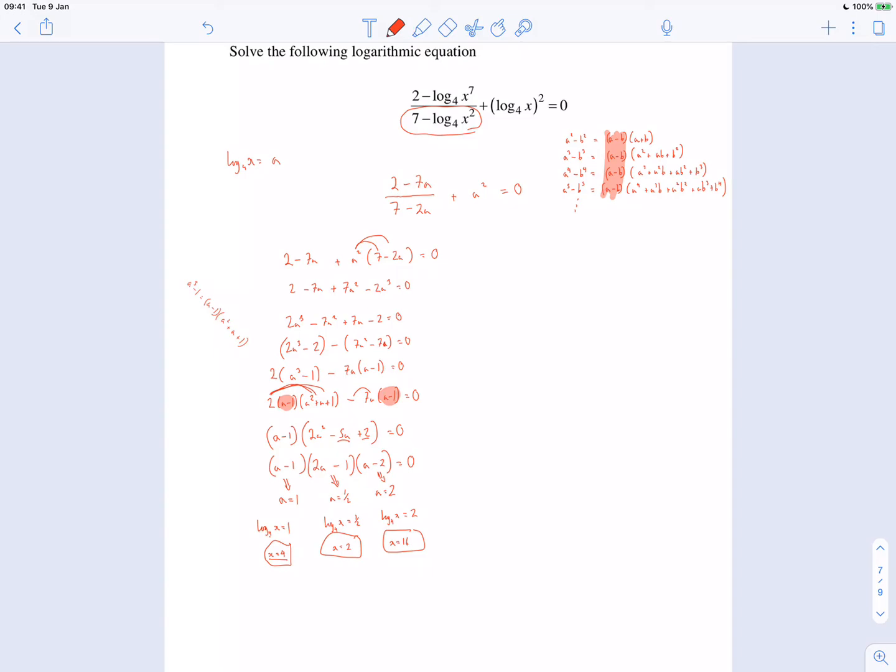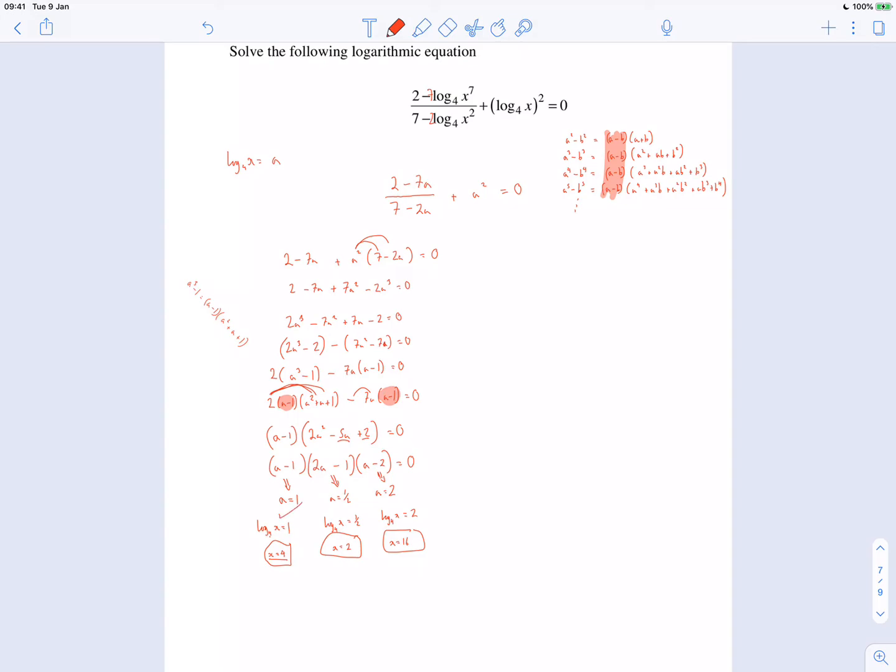Well, if I take the 7 out there and the 2 out there, then log base 4 of 4 is 1. That's a half, that's 2. If I substitute any of those into there, 7 minus 2 lots of 1 is 5, so that one's okay.